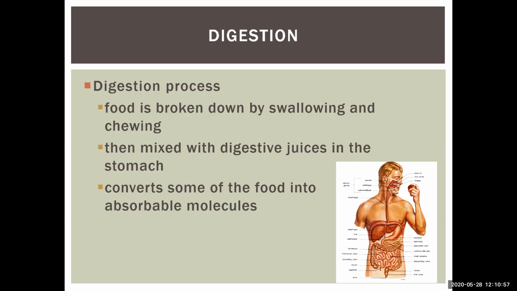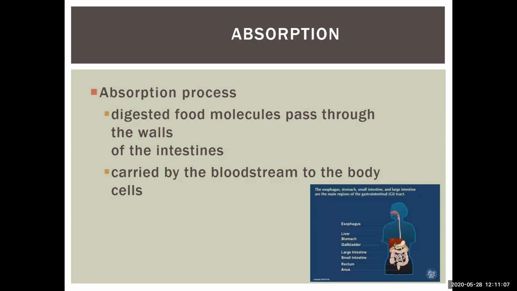So starting with the juices and the saliva from breaking down, then the stomach is going to have several acidic juices that will help break down, converting some of that into the molecules. And the absorption takes place in the intestine. So oftentimes when we have people that have an intestinal issue or have had part of their intestines removed, they have some absorption issue with getting enough calories or nutrients.